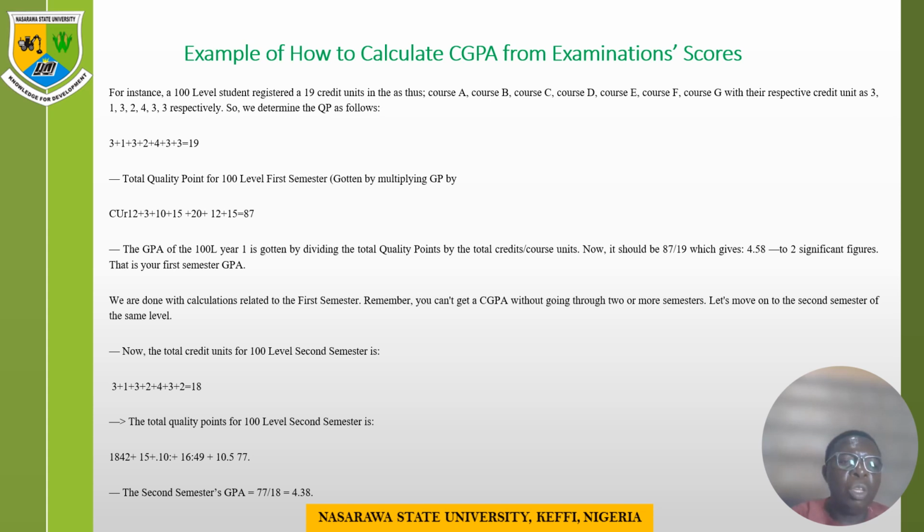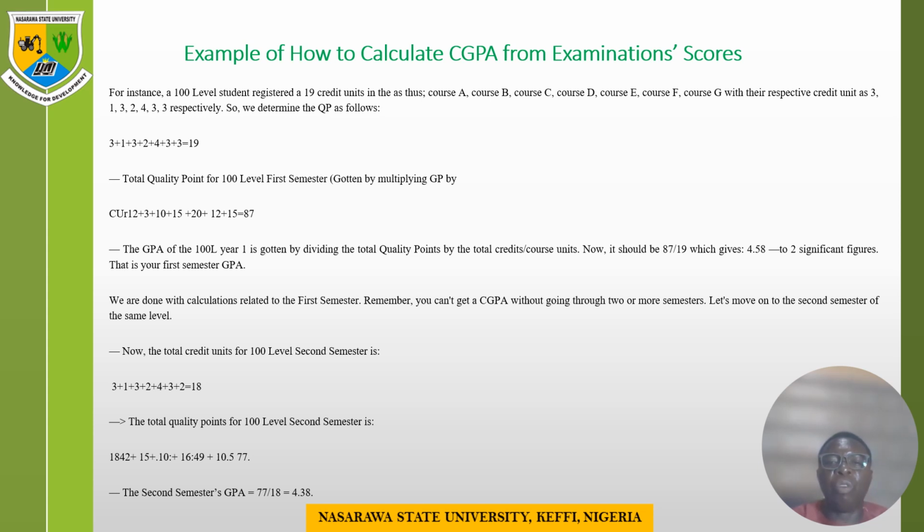The GPA of the 100 level year 1 is gotten by dividing the total quality point by the total credit units. Now it should be 87, which is the total quality point, divided by 19, which is the total credit units.